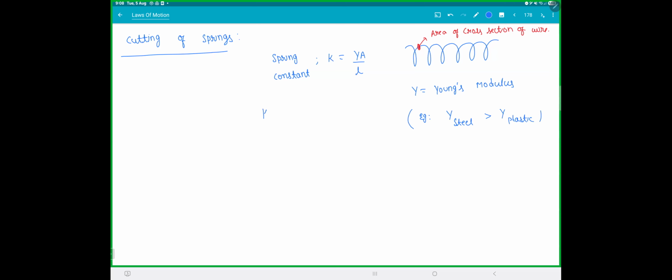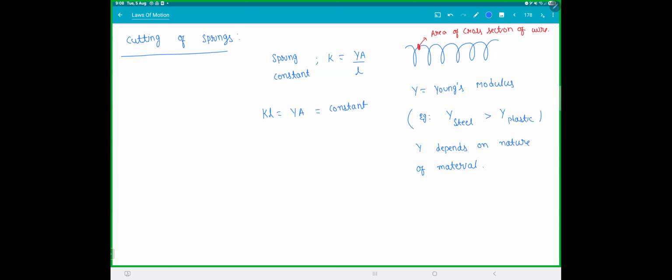So if you look at the formula here, K into L will be Y into A. So whenever you cut a spring, the material won't change. So Y depends on material. And the area of cross section doesn't change. So K into L remains constant.